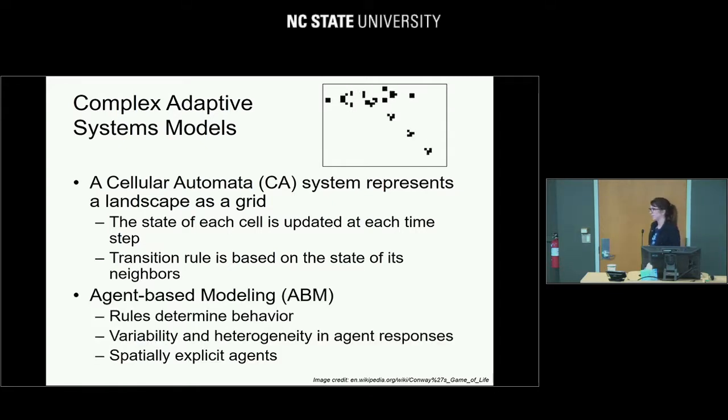Agent-based modeling is similar to CA, but has what you can think of as more flexibility. Agents could be mobile. They can take on many different characteristics, have rules that define different behaviors, and we can see a lot more variability and heterogeneity. Still, we can explicitly locate them spatially.